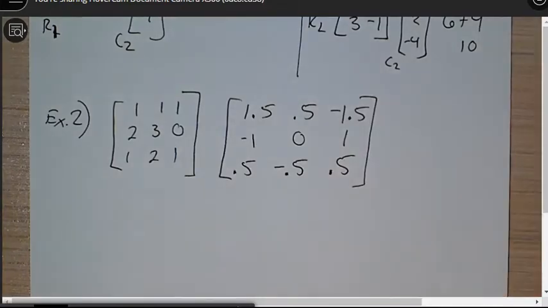Okay, so there's the next two matrices, and we're going to multiply these together and see if we get an identity matrix. So same question, they're going to ask, are these two matrices inverses? Okay, 3 by 3, so a little bit more work on this one, so just have to be a little bit careful as we're going through these.